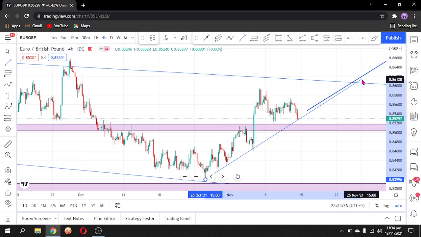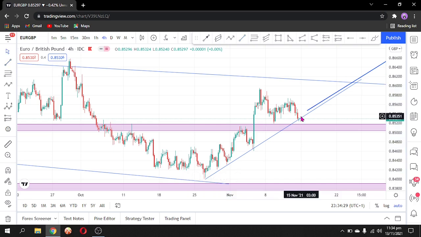So that means that we have ourselves a confluence here. We have this horizontal support and our bullish support level here. So Euro GBP will push up.